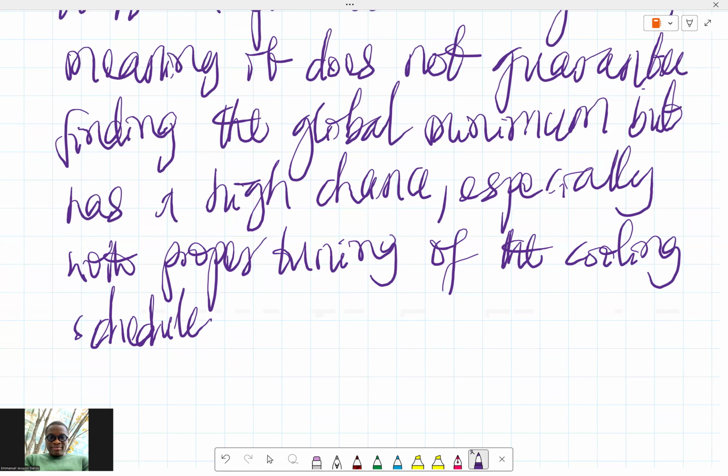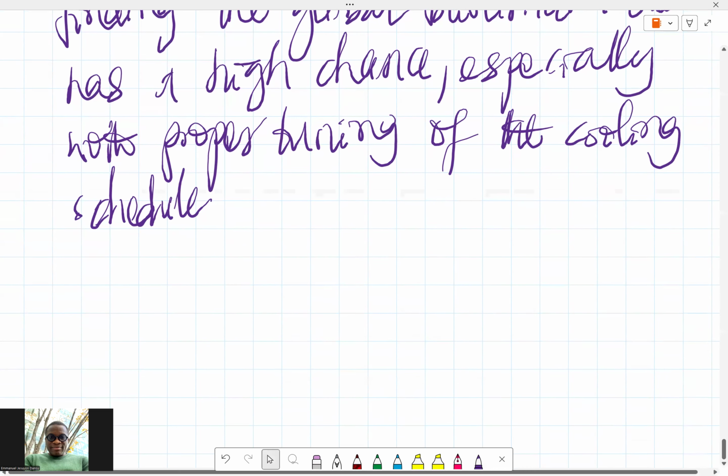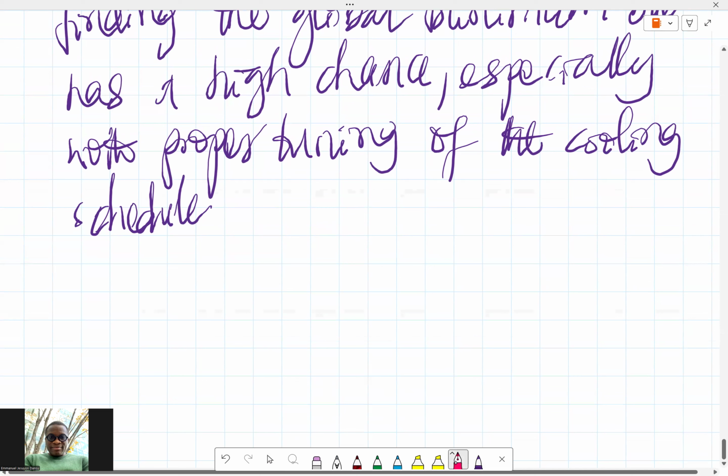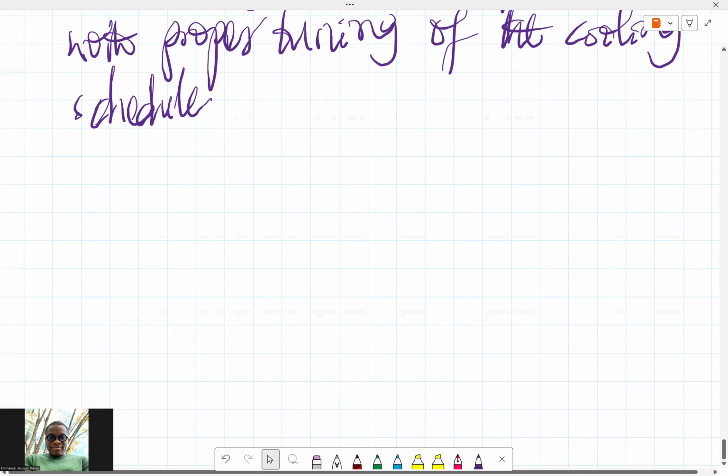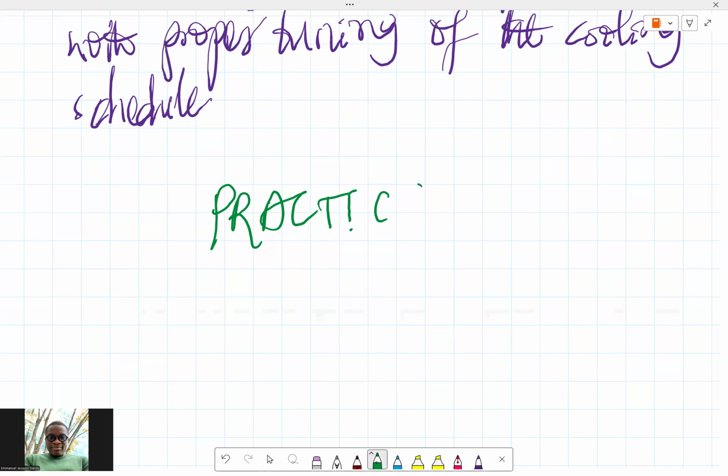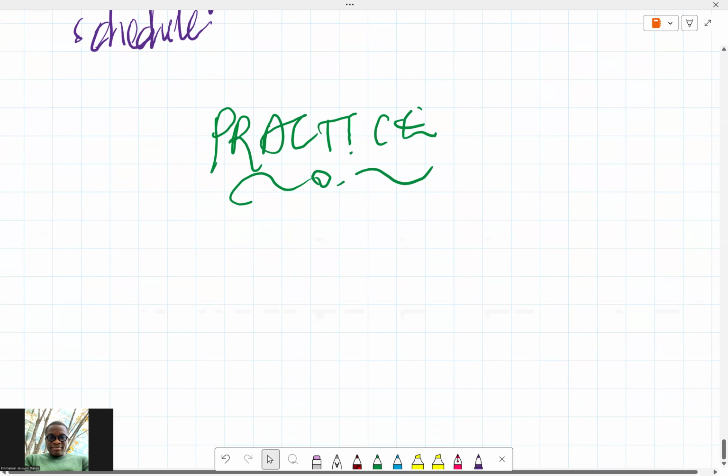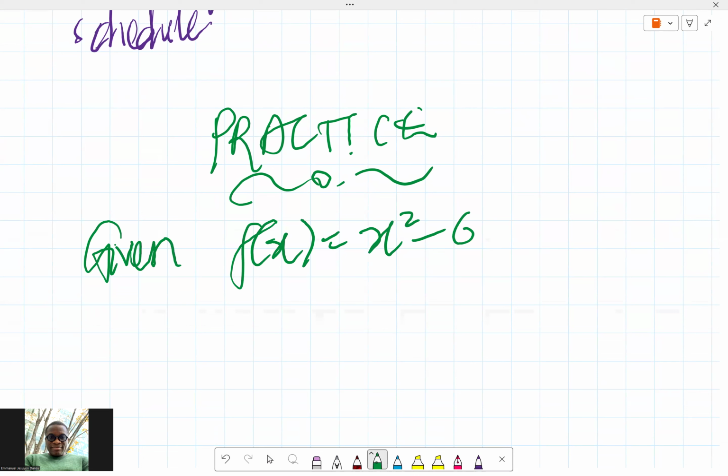Let's see if we can get practice questions. Let me just drop one here. Practice: given f of x equals x squared minus 6x plus 9.